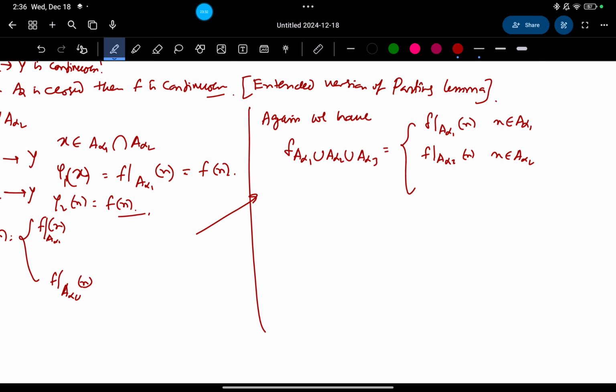Similarly we get f restricted to A alpha 3 of x when x belongs to A alpha 3. So then we are done.